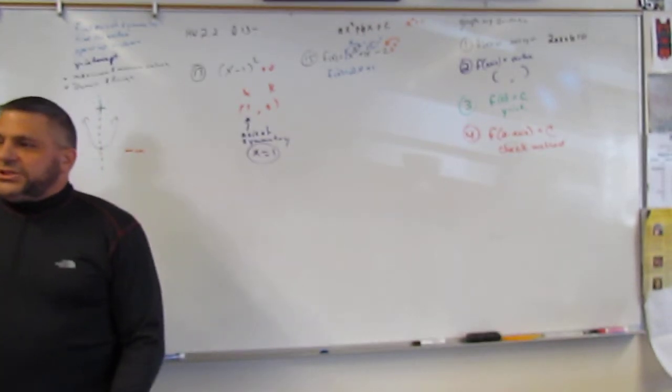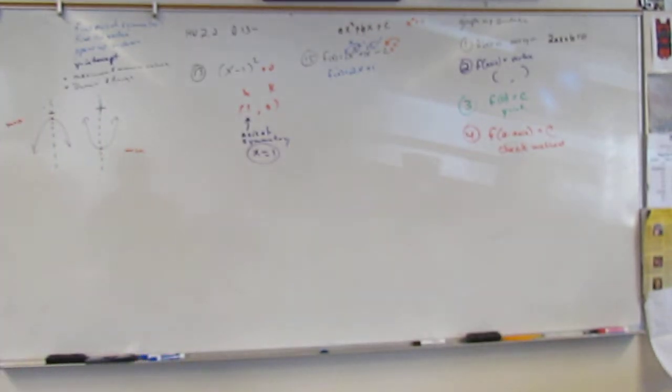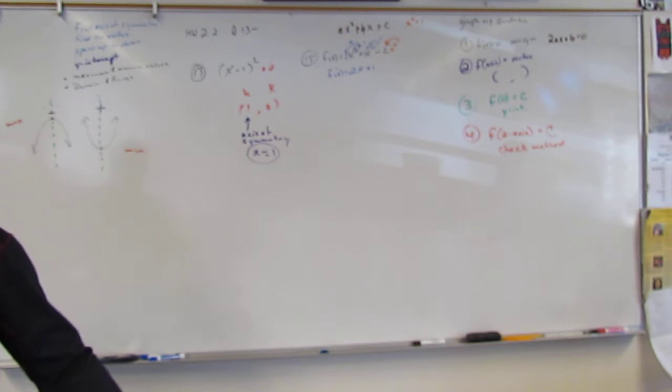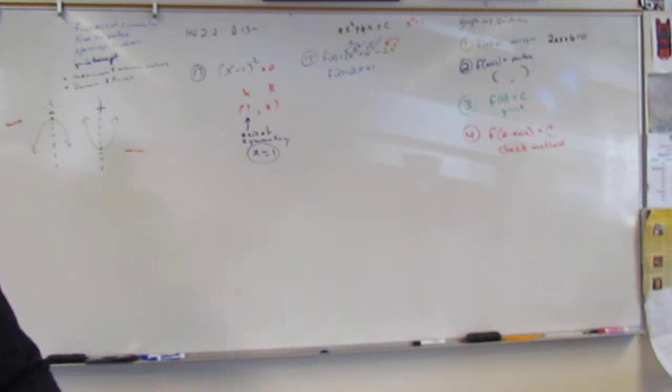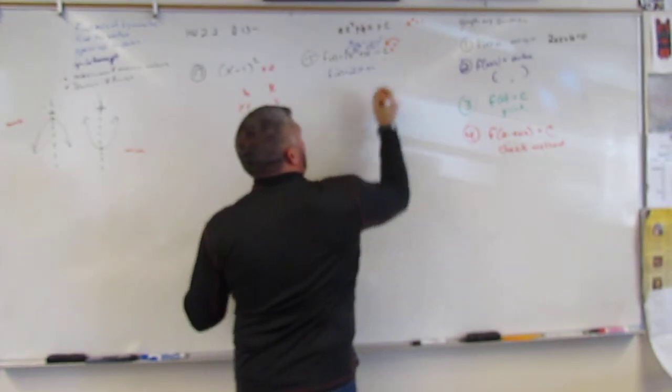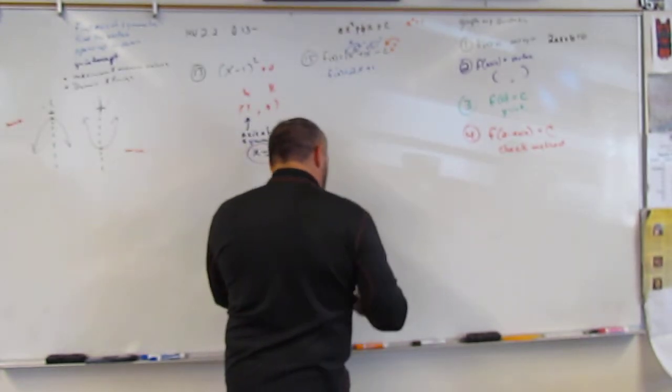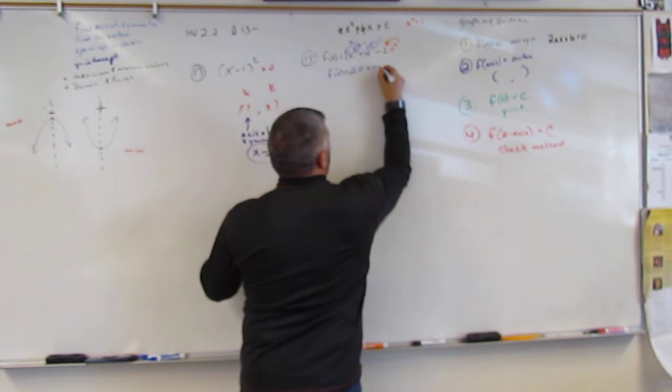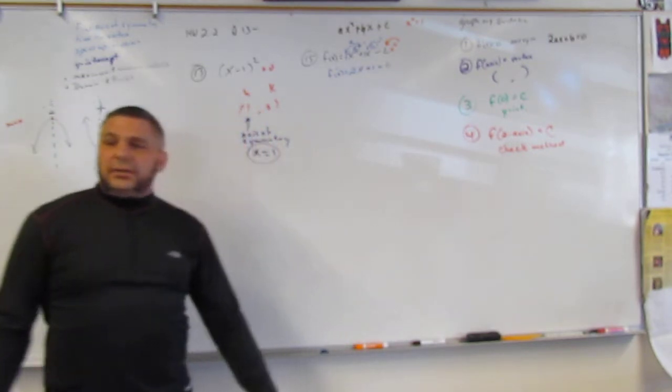Now it would still be x to the negative 1, because 0 minus 1 is negative 1. But what's 0 times x to the negative 1? Still 0, right? So we're adding nothing to it. So this goes away. And we set that equal to 0. That's it.